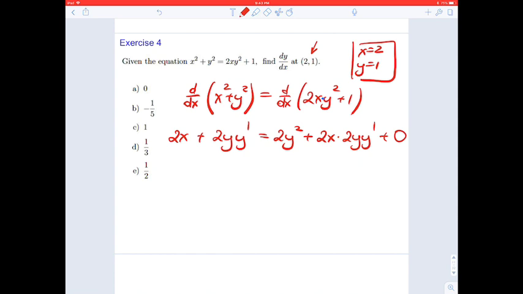And now, since I don't have to get a nice formula, as mentioned before, I'm using my point. X is 2, y is 1.